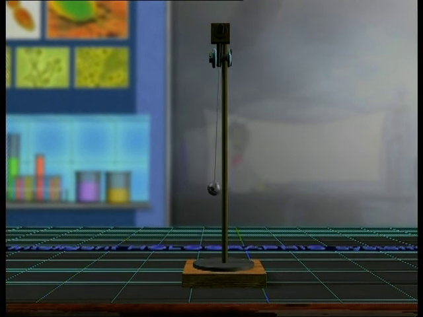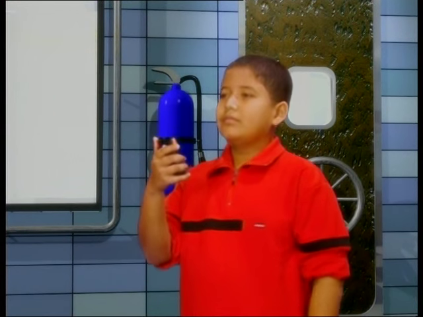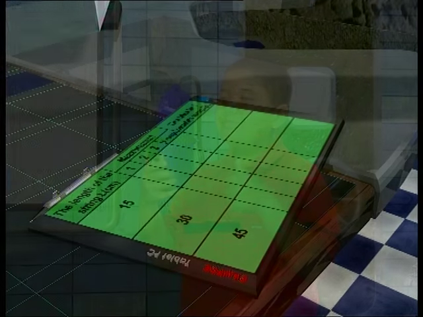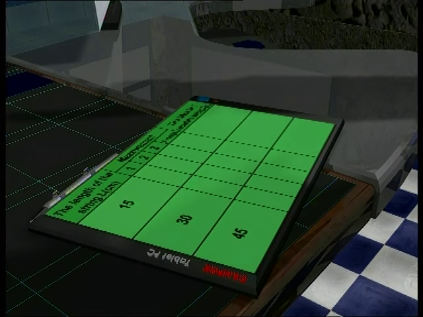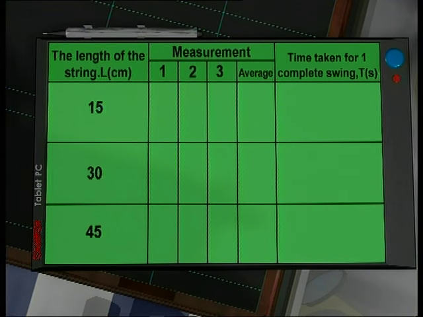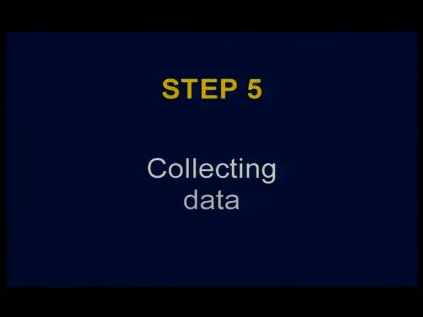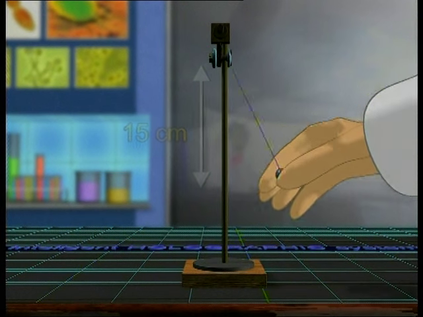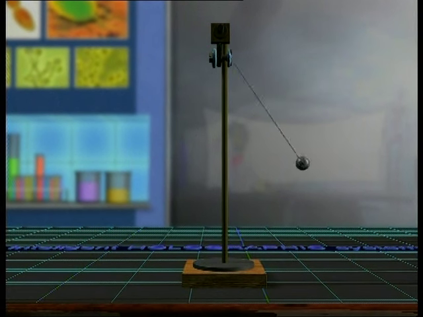Make sure the stopwatch is ready to measure the time taken by the pendulum to complete 10 oscillations. Then, you have to record all the readings in a data table. This scientific step is called collecting data. Okay, ready? Get set and go!